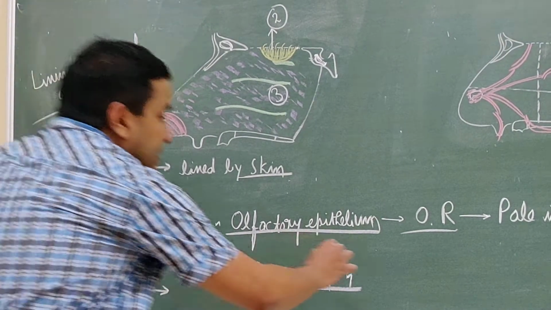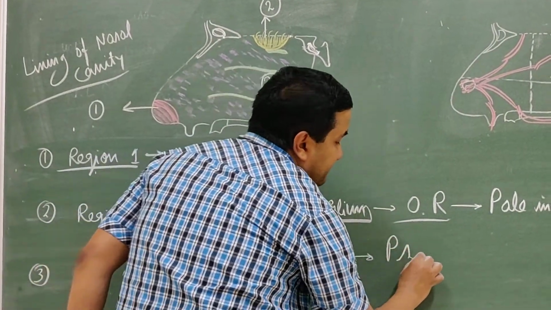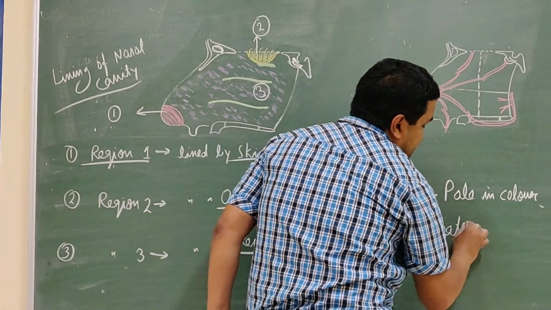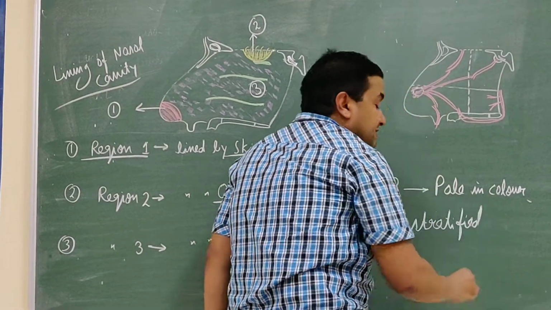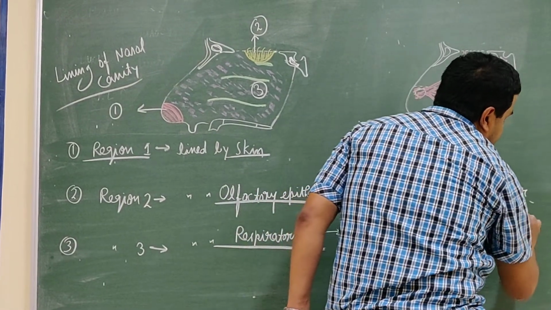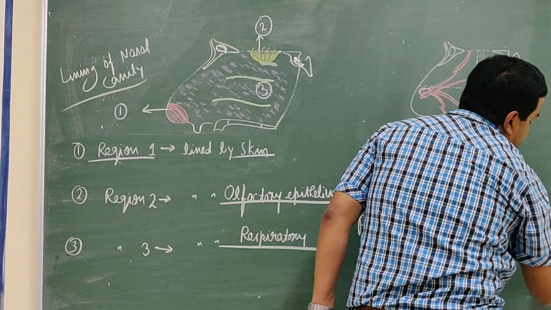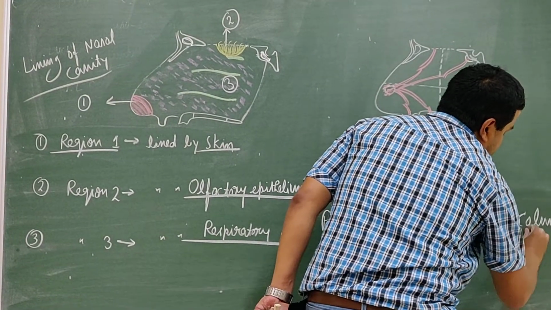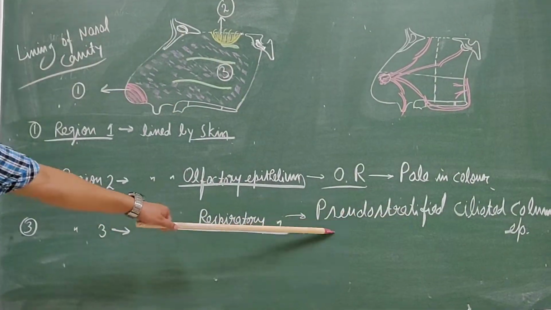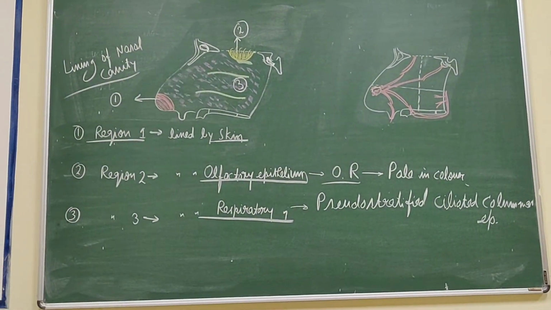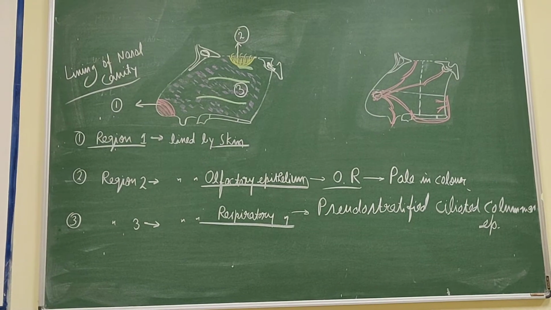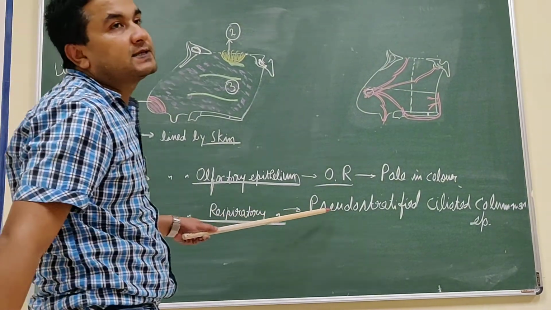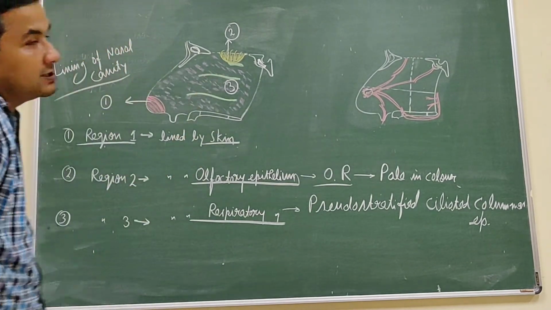Respiratory epithelium is pseudostratified ciliated columnar epithelium. This epithelium lines the remaining part of the nasal cavity. It has cilia and mucus glands. Goblet cells are present in this epithelium.